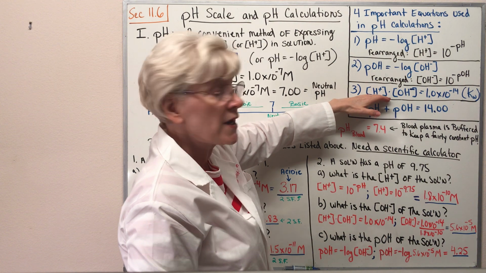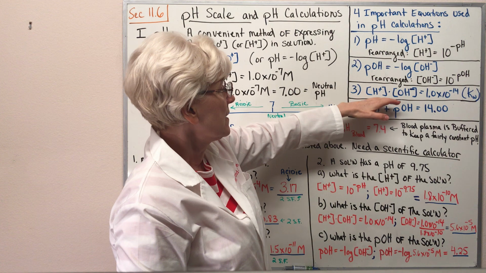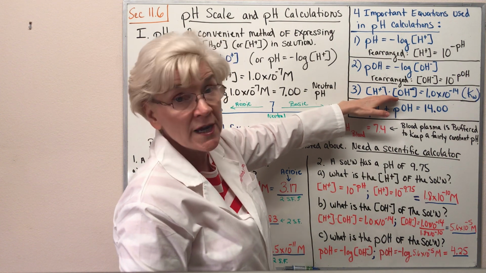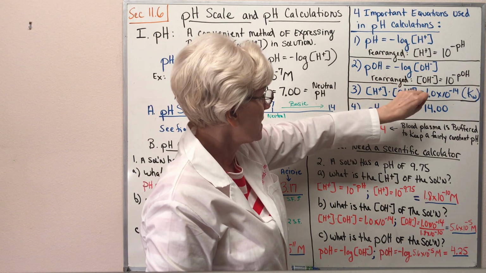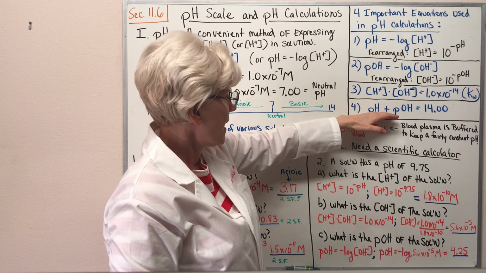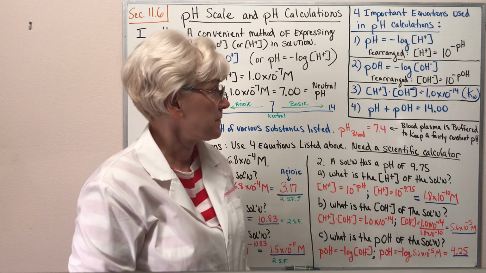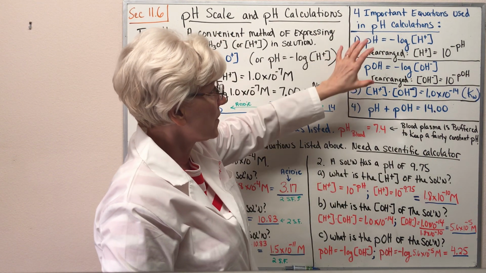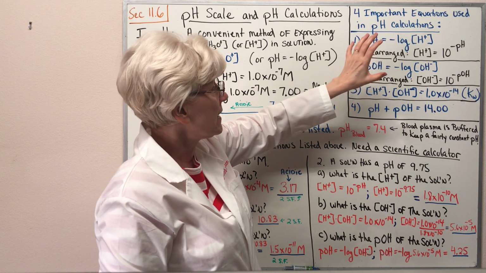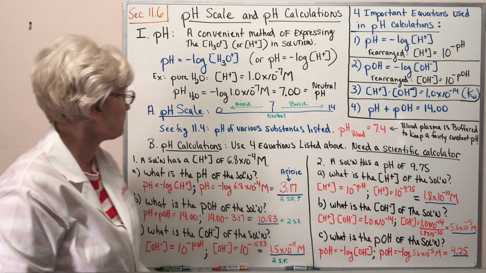So this third equation we've been introduced to already, and the last equation comes directly from equation number 3. If you take the negative log of this equation, you calculate that pH plus pOH equals 14. So these 4 equations are very useful in doing pH calculations, and we'll illustrate that in a minute.